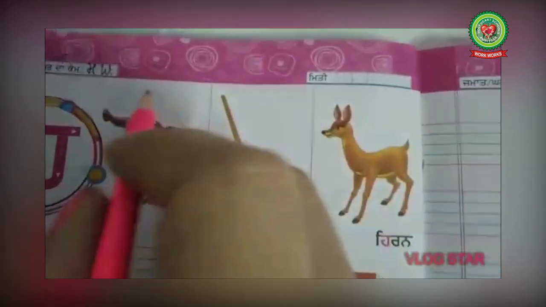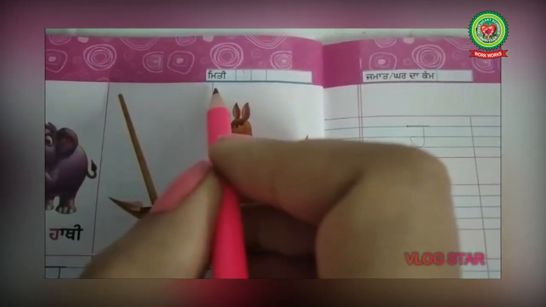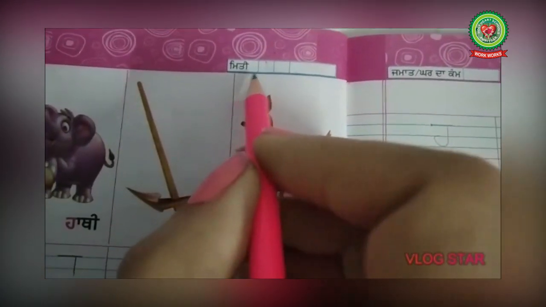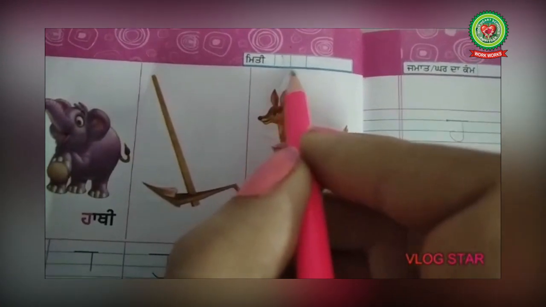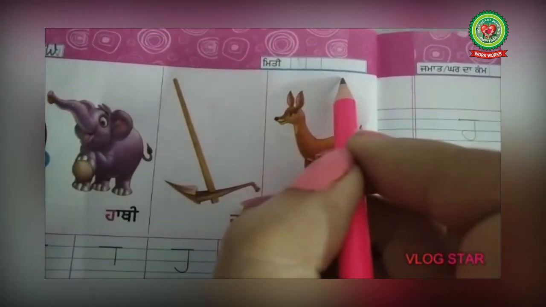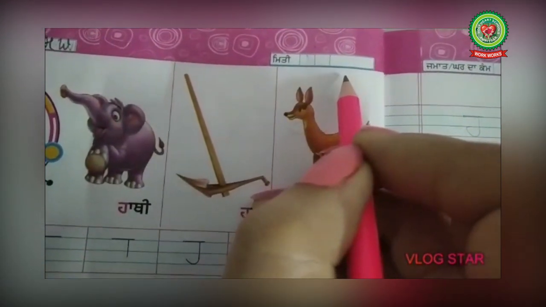Now, come to the right side. There is one box where Miti is written. Miti means date. So write down today's date in this box. What is today's date? Today is 1st May 2020.